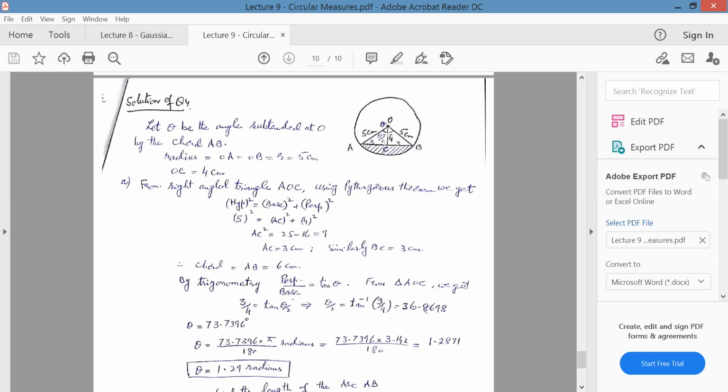Look, the angle you will consider, your angle is theta by 2 here at O. The longest side is known as the hypotenuse, the adjacent side is known as the base, and the opposite side is known as the perpendicular. Remember, this is not the base. AC is not the base for triangle OAC. What is the base? Base is OC because this is the adjacent side of theta by 2. OC is your base, okay?